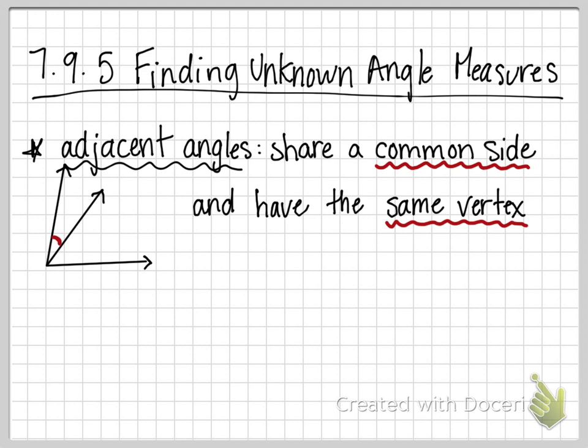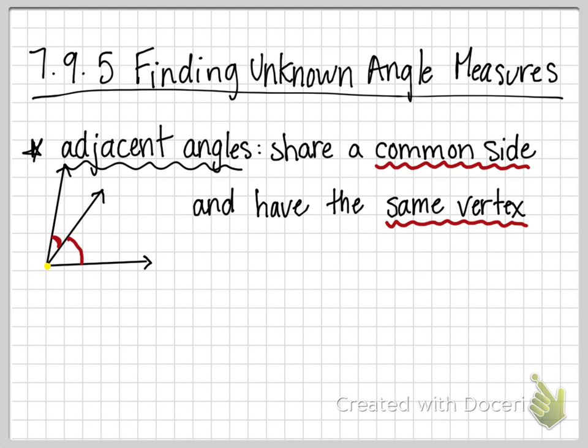Here's one angle, and this other angle is adjacent because they share a side. They both share this side. And they also have a common vertex, meaning all their line segments meet at the same point. So they are adjacent because they're right next to each other.